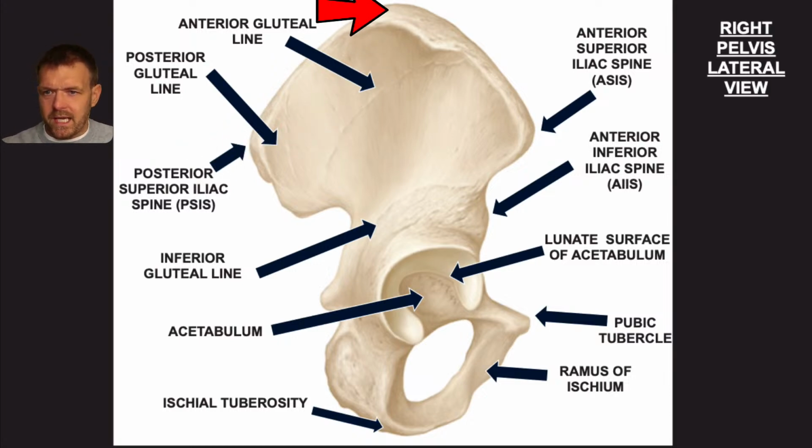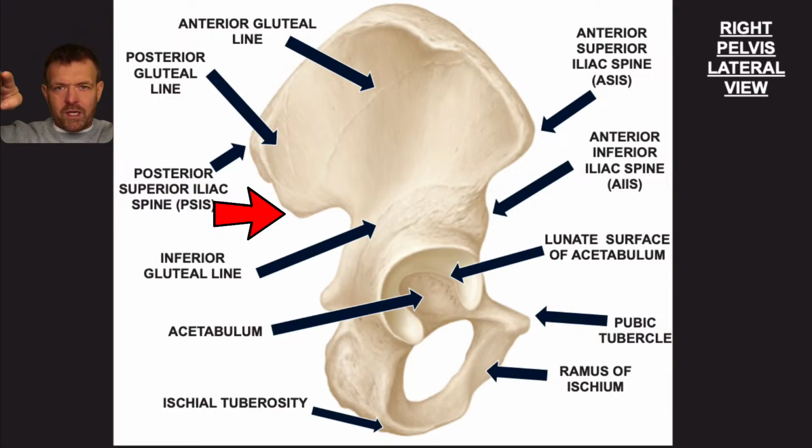The distance from here down to here can be different, quite significantly different, on the same person from side to side. So when you measure it and one's lower and one's higher, it could be that the actual bones are shorter on that side compared to the other side, which is higher.